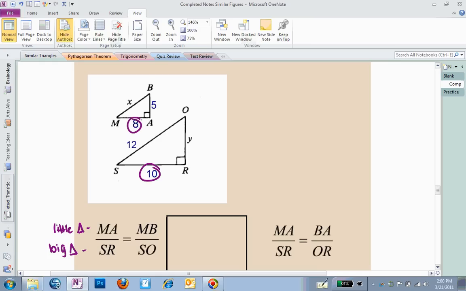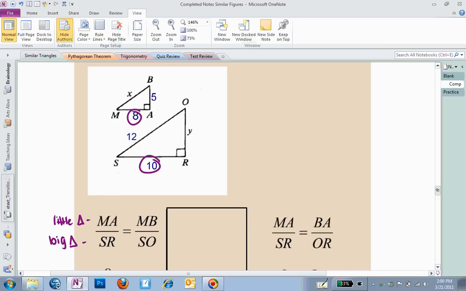And then I want to solve for x, so I'm looking at MB, and I'm putting that in the numerator since my little triangle's in the numerator, and MB corresponds with SO in that order, so SO is in the denominator.